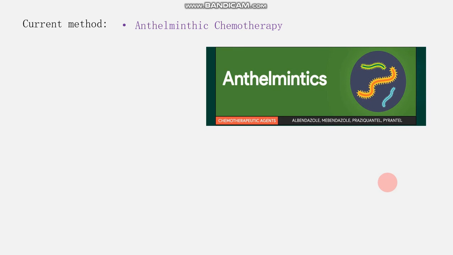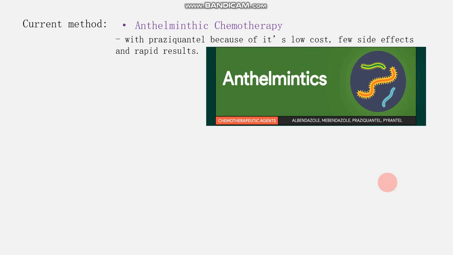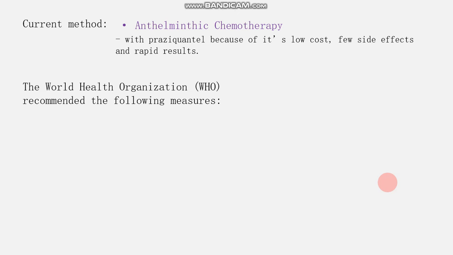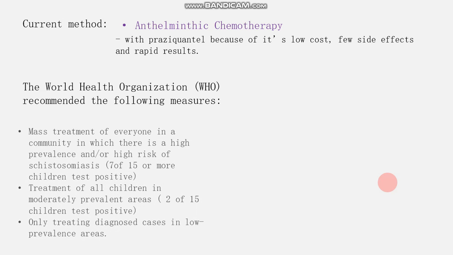Next we have the current methods, which is the anthelmintic chemotherapy. The anthelmintic used is praziquantel because of its low cost, few side effects, and rapid result. The World Health Organization, or WHO, recommended the following measures.